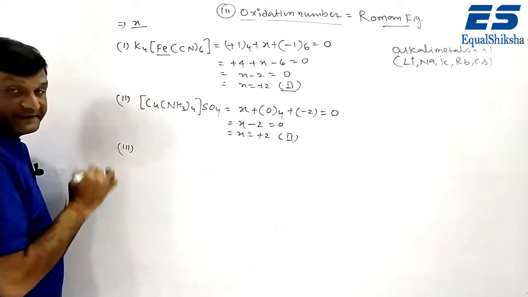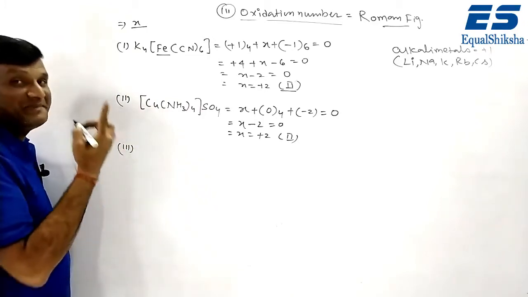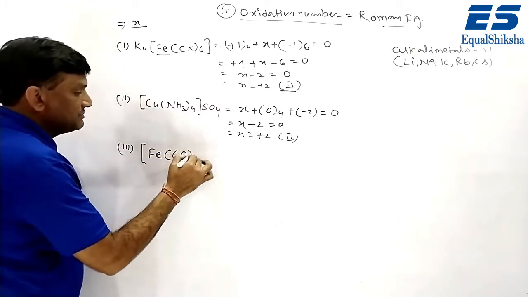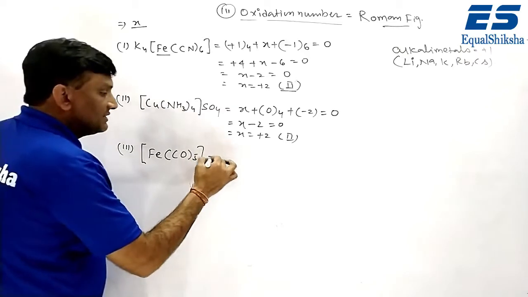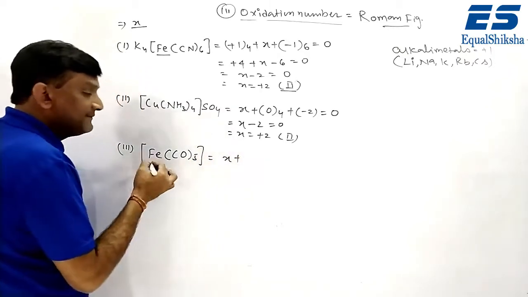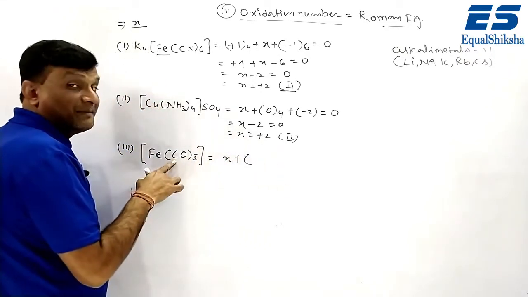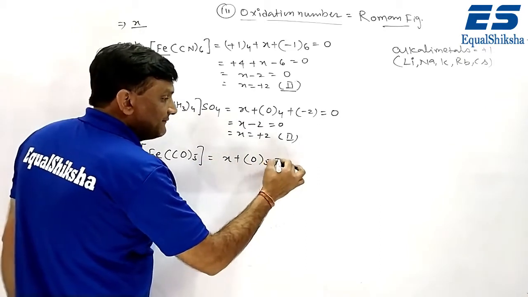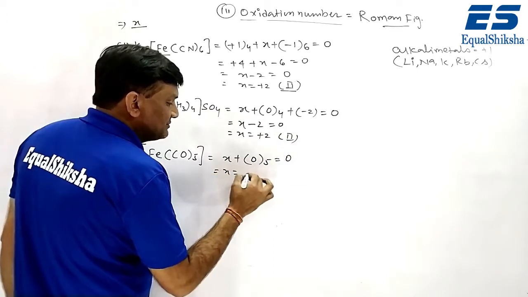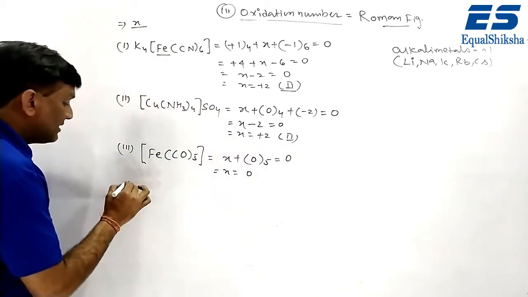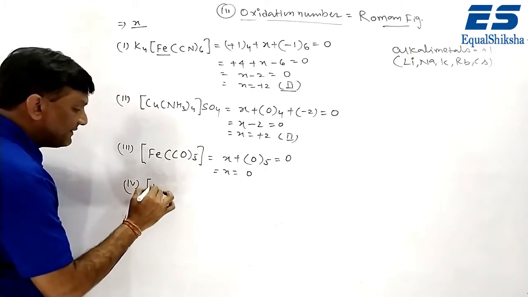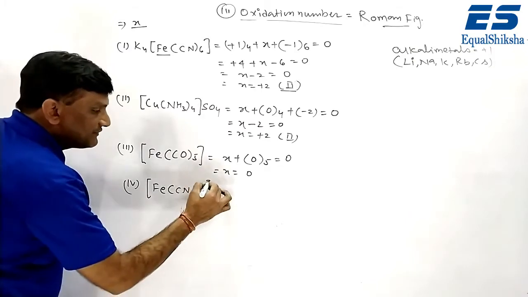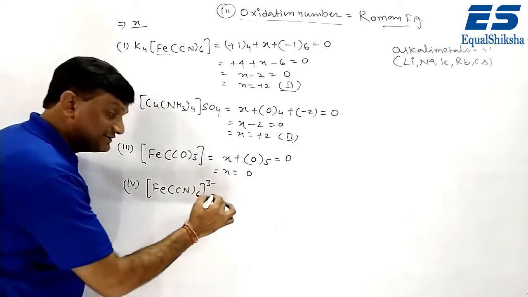Another example is specific, because the oxidation number may be 0. How is that possible? Fe(CO)5. Fe is X, and CO is carbon monoxide or carbonyl. It's a molecule, so its oxidation number is 0, with 5 of them. X is once again 0. If there is [Fe(CN)6]3-, then how can we calculate the oxidation number?